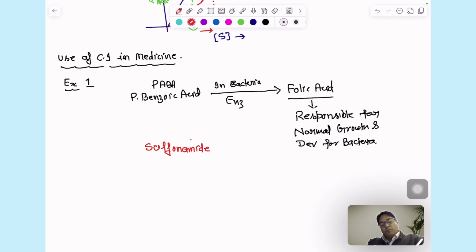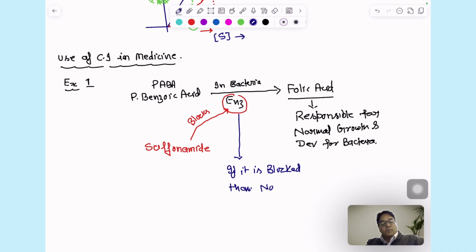This sulfonamide blocks the enzyme responsible for the conversion of PABA into folic acid. If this enzyme is blocked, then what will happen? If it is blocked, then no folic acid formation will be there in the bacteria.